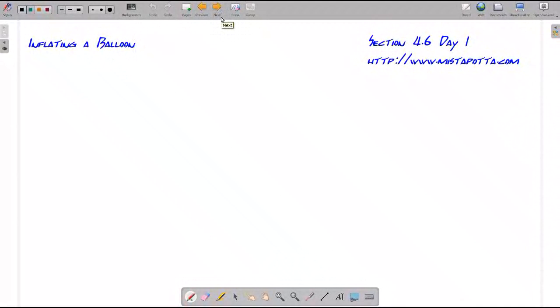Imagine that I'm inflating a balloon. Now, most of the balloons that we deal with are spherical. So we're looking at a formula where the volume is 4/3 pi times the radius cubed.